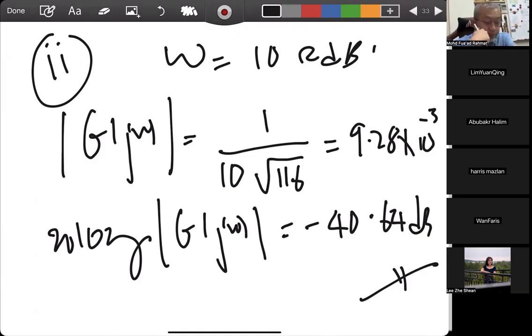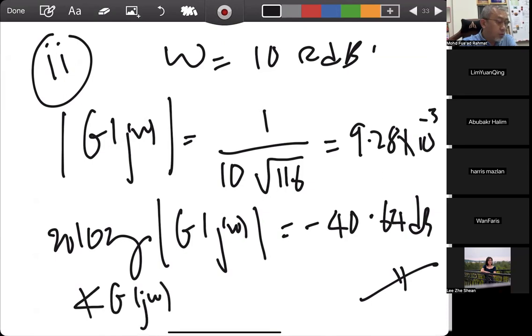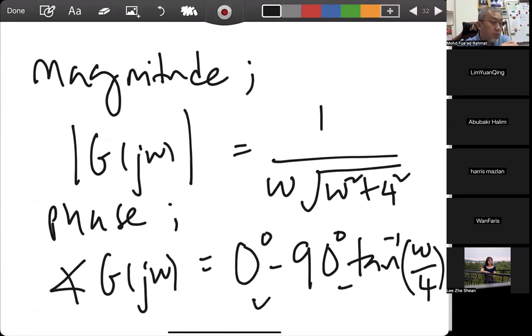And the phase, you can do it yourself, using the formula that is given here.